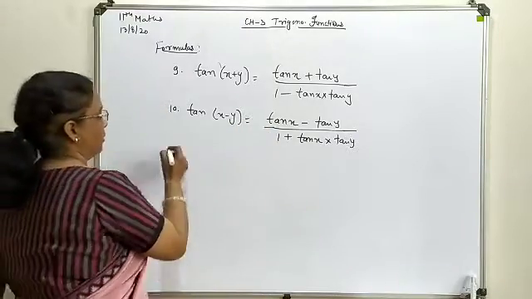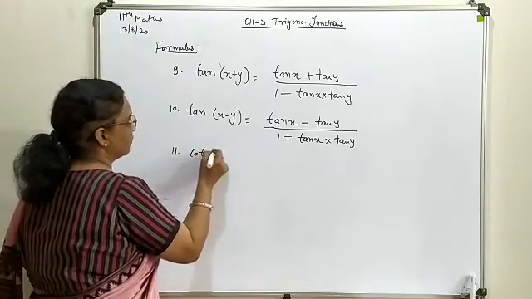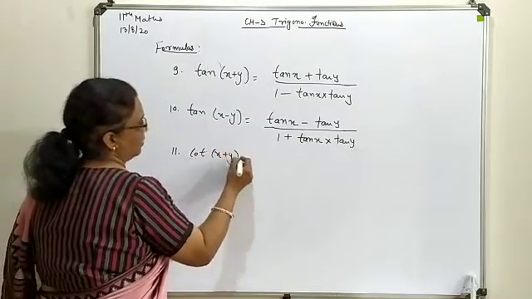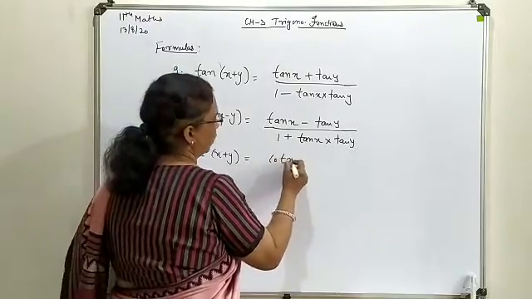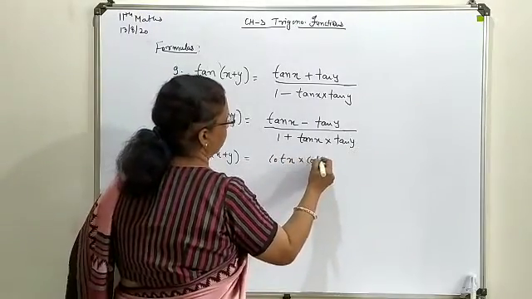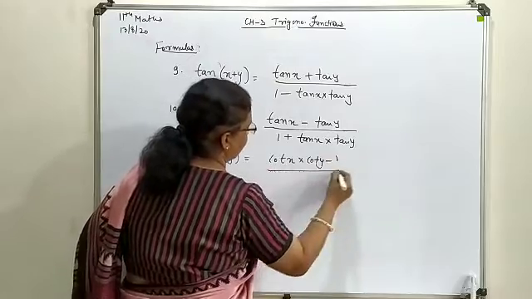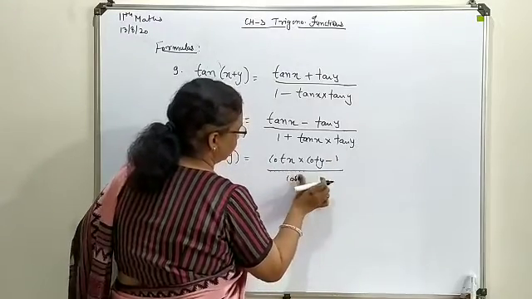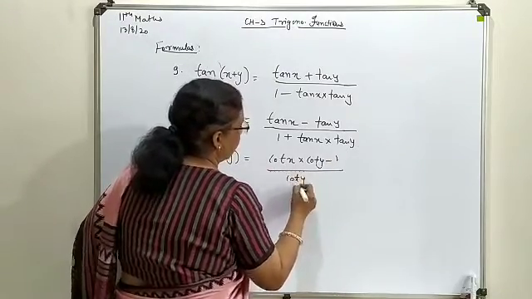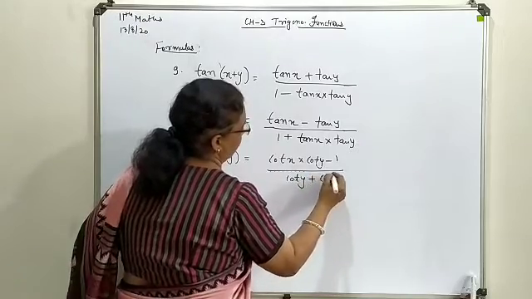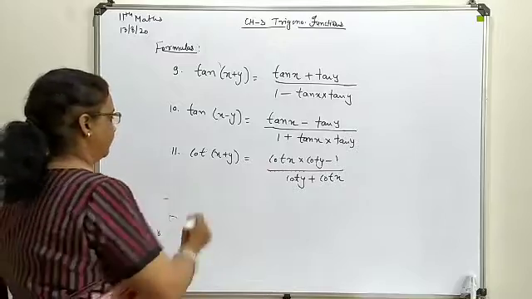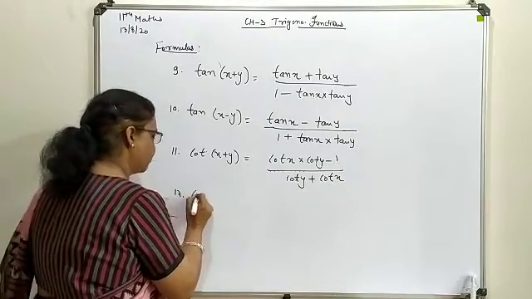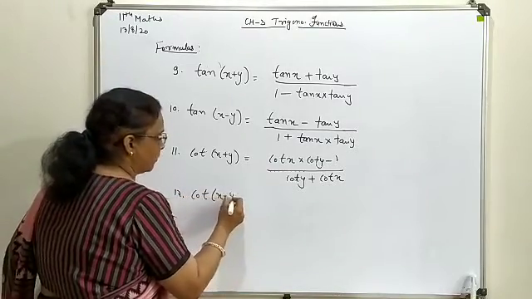Next is your cot(x+y). So here it will give you (cot x cot y - 1) upon (cot y + cot x). Reverse order of this form you will have here. Next is cot(x-y).